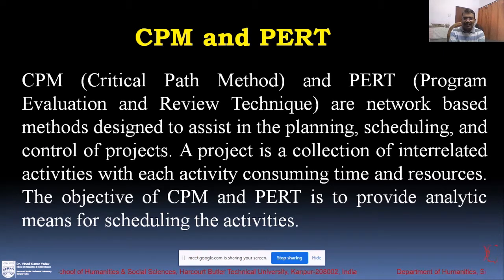A project is a collection of interrelated activities, as we have discussed, with each activity consuming time and resources. Time means it has a start time and an end time. The objective of CPM and PERT is to provide analytical means of scheduling the activities. When you are supposed to start a new business, you must have a first activity. Say, for example, the first activity is incubation, prototyping, and prototyping requires 3 months. It is not repetitive in nature.